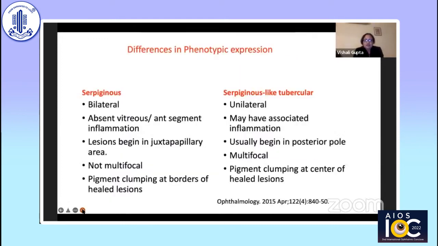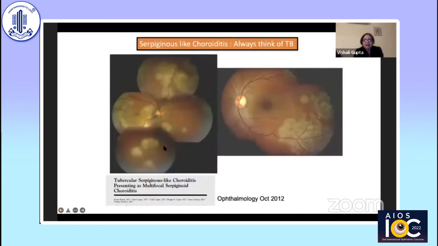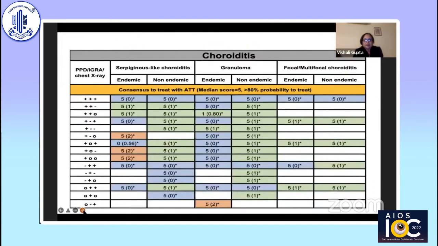How would you differentiate whether it is TB serpiginous or autoimmune serpiginous? TB serpiginous tends to be unilateral, would have associated inflammation, begins in the posterior pole, and is multifocal, as shown here. Now, this is very typical of TB. Always think of initiating anti-TB treatment if the tests are positive.